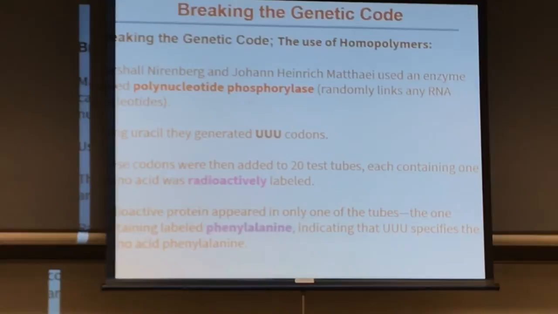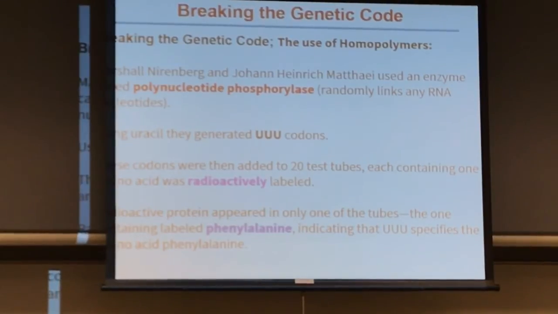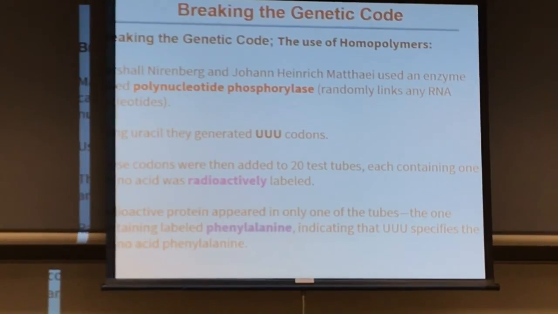Now, what they did was they took these codons, generated by this polynucleotide phosphorylase, which is the UUU, and they added them to the tubes, each of which had one amino acid that was radioactively labeled. So let's say there are 20 amino acids. Every amino acid was labeled, but one single amino acid was put in each tube. Now, when they added this triplet codon with all the cell machinery required for protein synthesis, they found that radioactivity was found in proteins which only had phenylalanine inside them.